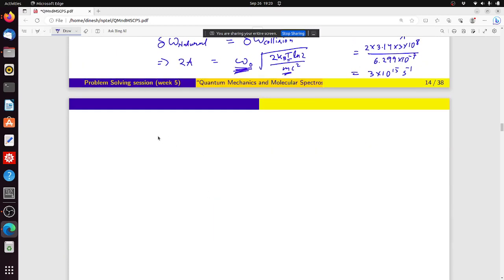Okay, so from these equations we can write this in terms of temperature. This will be 2 kBT ln of 2 by mc square equal to 4a square over omega naught square. Then temperature will be 4a square, where this a is the Einstein constant.